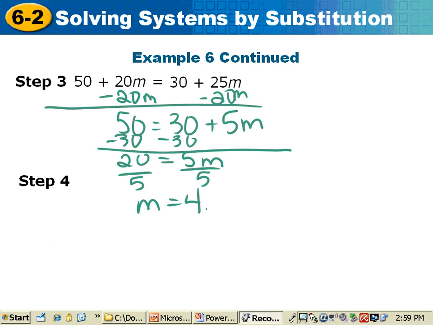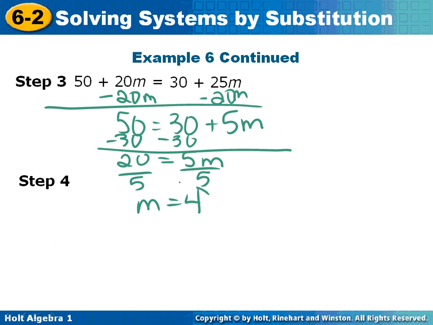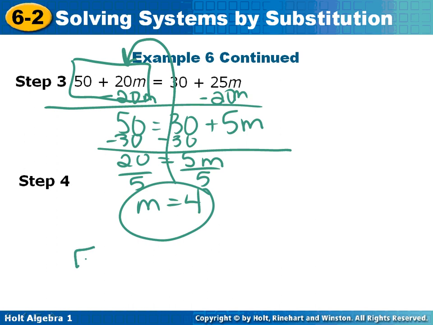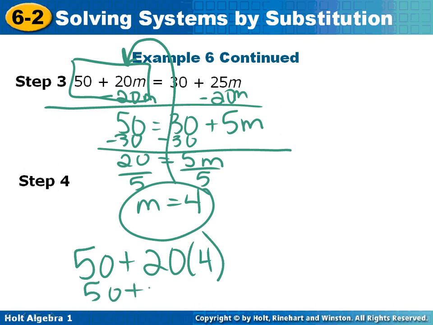Now I have to plug the 4 back into either equation to find out how much they are. So I take 4, I think I'm going to plug it into the first one. So that's going to be 50 plus 20 times M, which is 50 plus 80, which is 130.